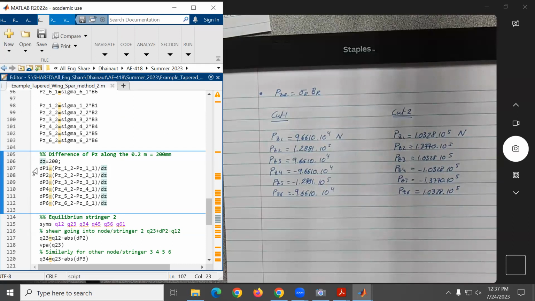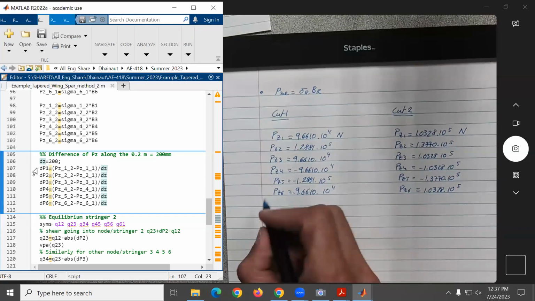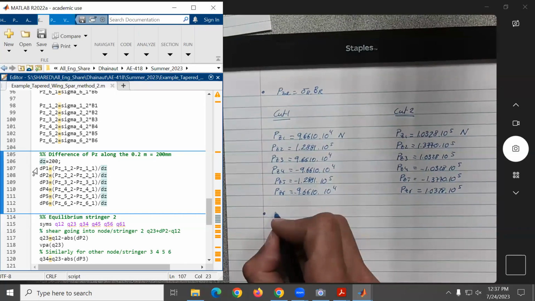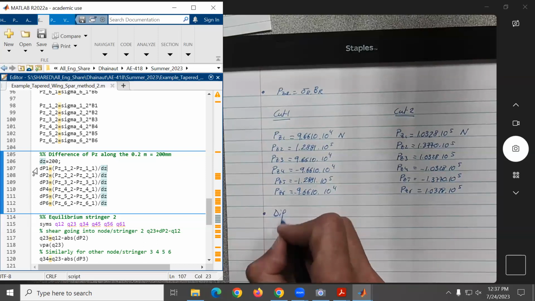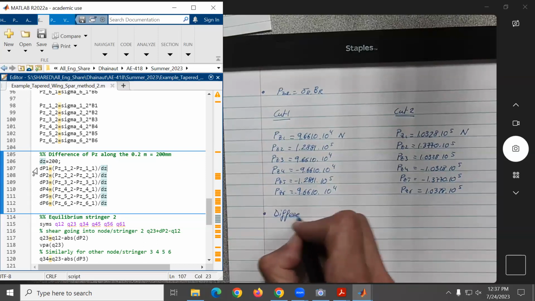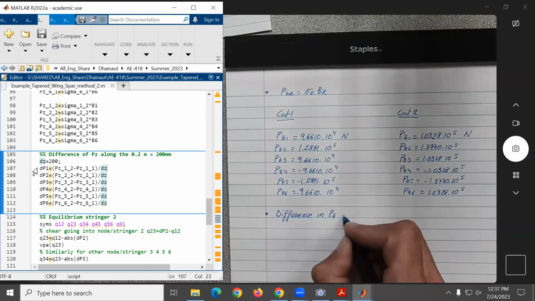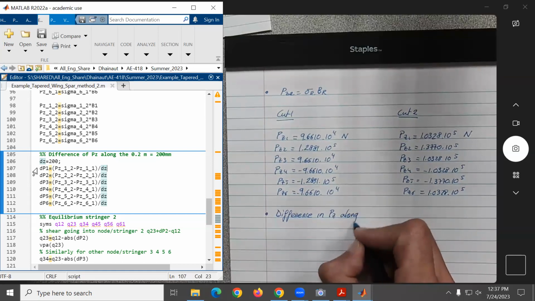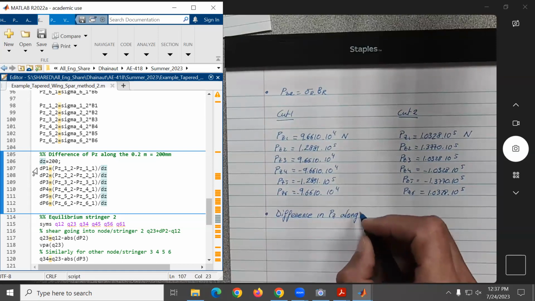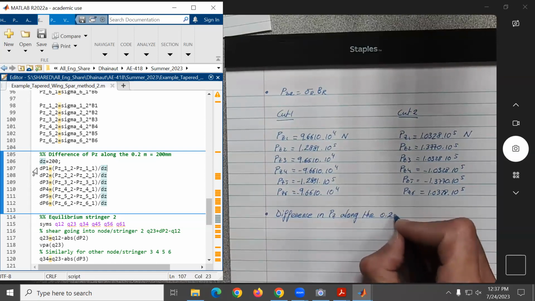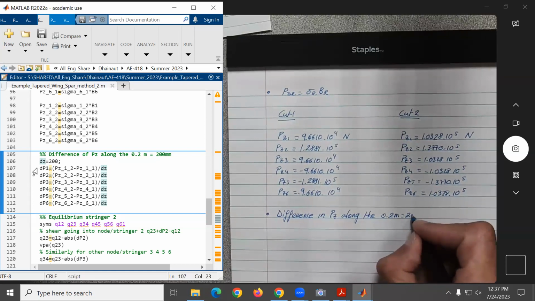All right, so if you want, let's start: the difference in PZ along the 0.2 meters, which is the 200 millimeters.